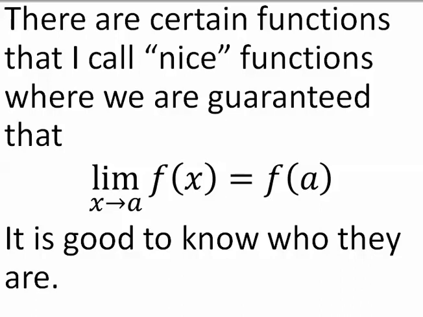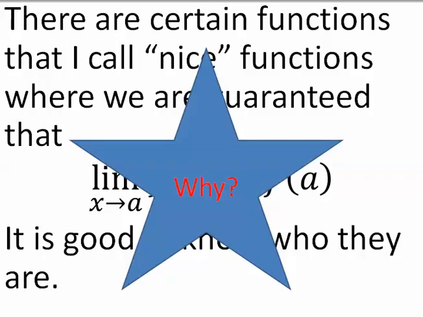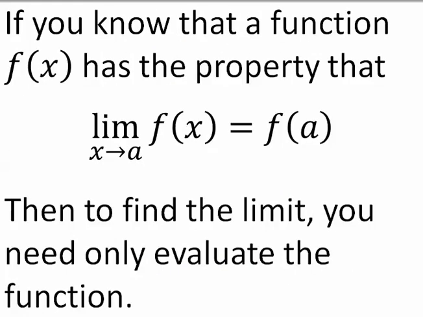It is good to know which functions are nice. Why is that? If you know that a function f has the property that its limit is equal to its evaluation, then to find the limit you need only evaluate the function.